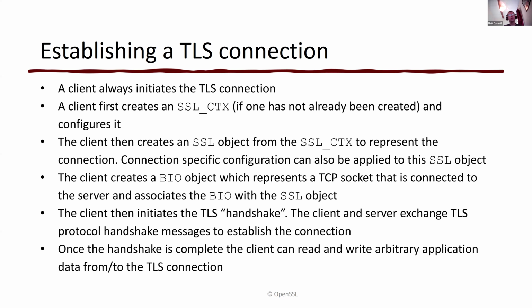We also need to create some BIO objects to represent the underlying TCP socket for our connection, and then associate that BIO with the SSL. Once we've done all that, then we can initiate what we call the TLS handshake, which is a process by which the client and server exchange TLS protocol handshake messages. And the end point of that is that we have our TLS connection set up. And from that point on, we can read and write arbitrary application data to the connection and exchange that with our server.